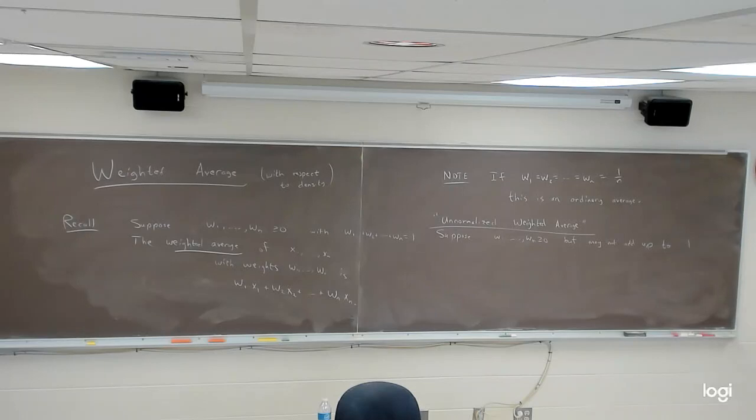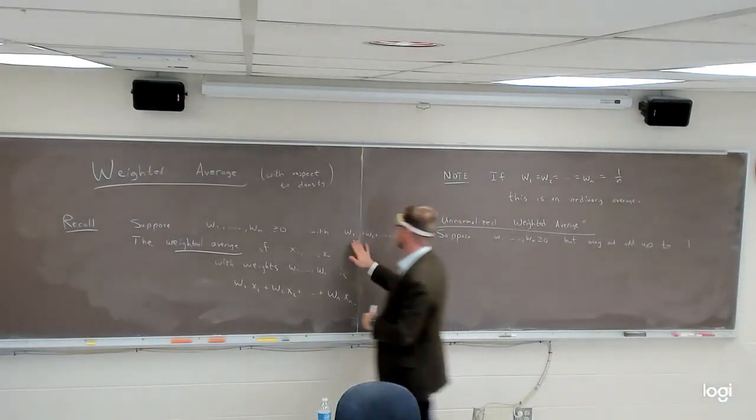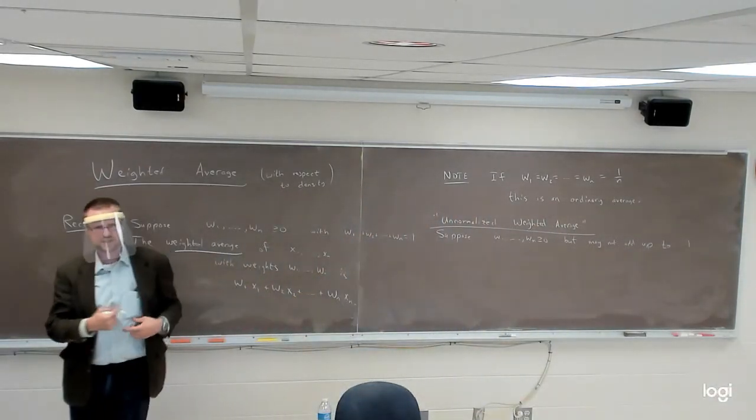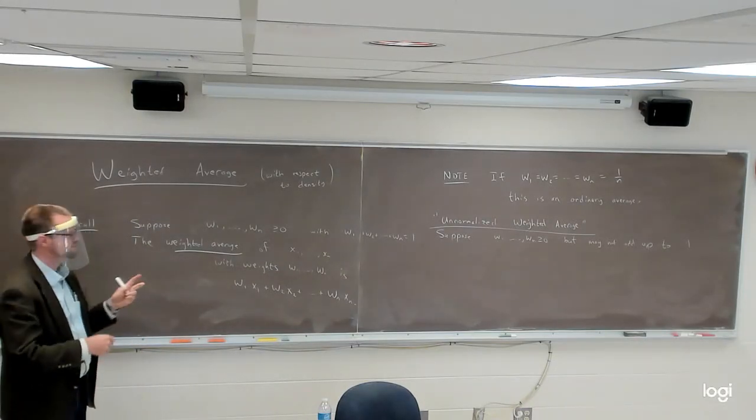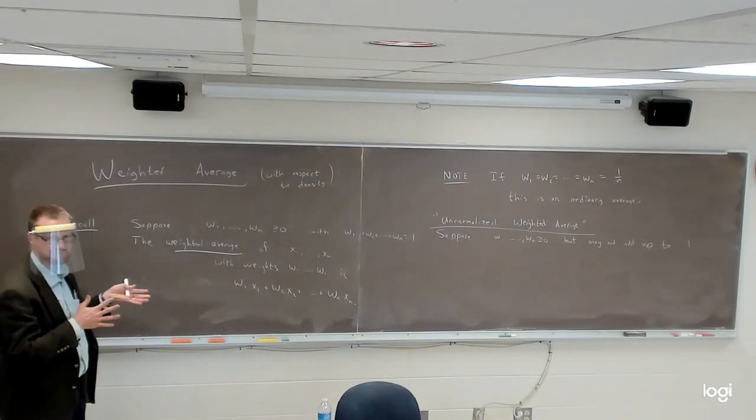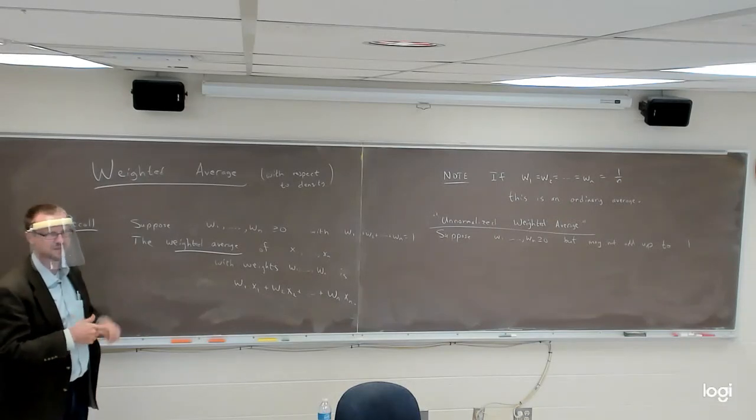So maybe my weights are 2, 3, and 5. Suppose I have 3 numbers and I want to weight them by 2, 3, and 5, meaning in a proportional way. So, this one is 2/5 as important as that one. How can I do that without this criterion that they add up to 1? What kind of expression could I write down so that x1, x2, and x3 would be weighted proportionally to my numbers?